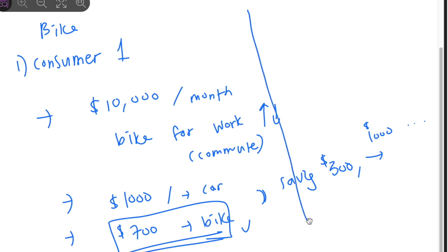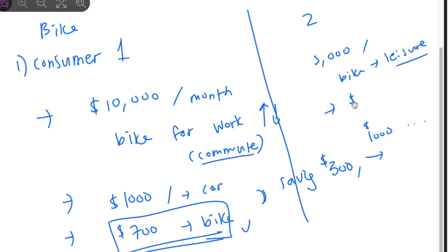And for consumer number 2, we might have a different situation. He only earns like 5,000 a month, and the bike is for, let's say, leisure, right? This was for commute and now it's for leisure, so he's only willing to pay up until $300, right? Then the monopolist will come with a $300 worth bike and offer it to consumer number 2, right?